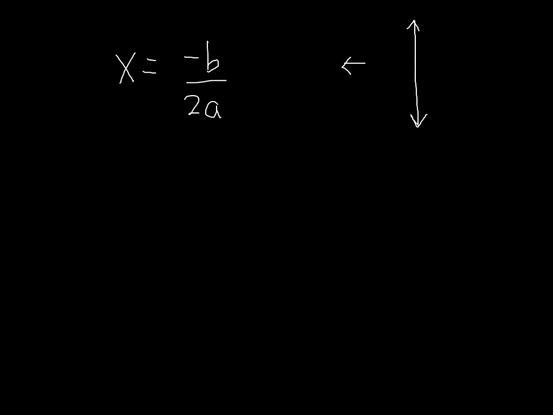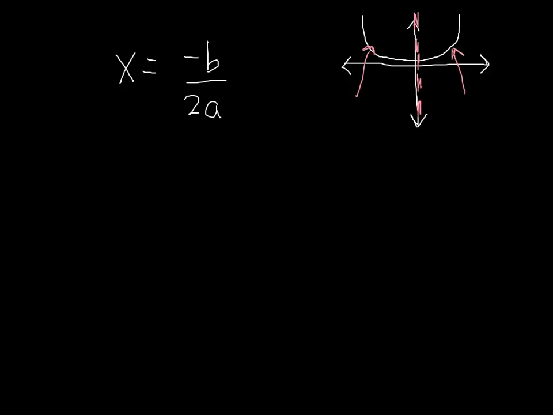Let's draw just a general graph, a general shape. We know this equation is going to look like this kind of U shape. If we can imagine taking a line and cutting it in half, I'm going to draw a line that cuts this in half. And I can see, if I look closely, that the right side of this looks exactly the same as the left side.